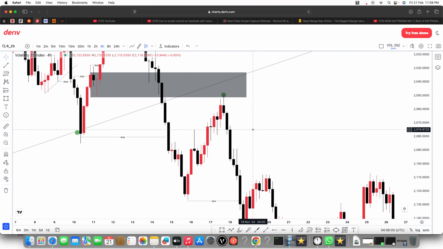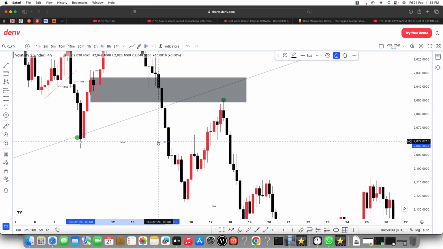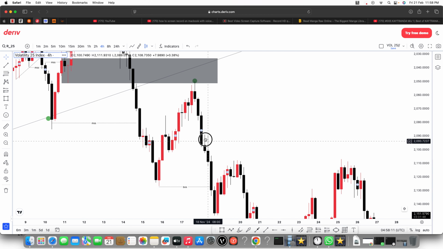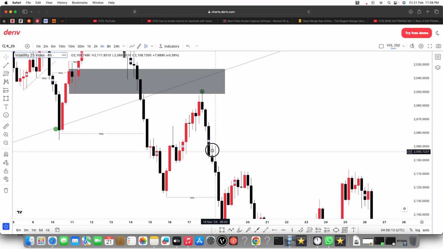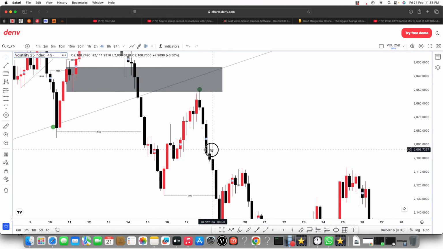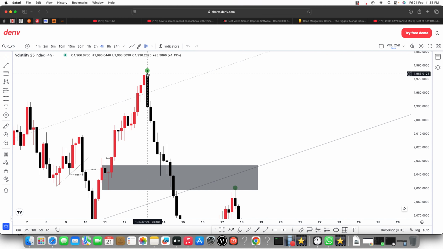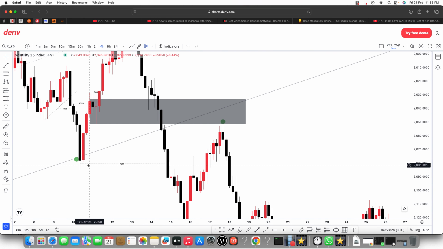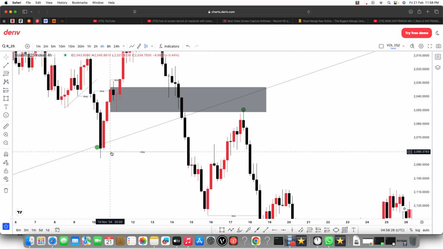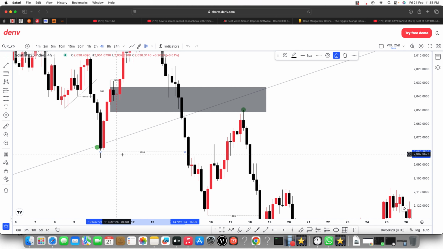So this is the area the market retraced back to after the market structure shift. After the market structure shift, the market did the exact same thing down here. Mind you, we had a market structure shift coming from this high. This is the high that broke and gave us the market structure shift for the external structure down here.